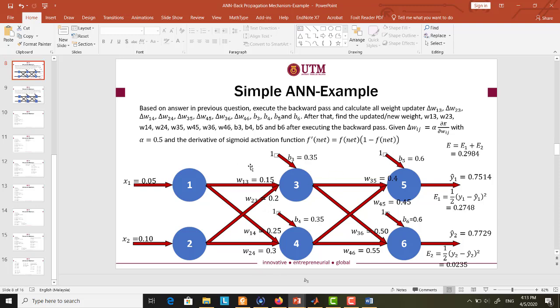If this W over here updates very slowly as compared to this one, it's actually not good for your algorithm. Imagine a neural network which consists of more than one hidden layer, let's say 2 hidden layers, 3 hidden layers. The more hidden layers you have, the smaller the updater will be. So if you apply backpropagation for multiple hidden layers, then the one that is close to the input layer will update very slowly.